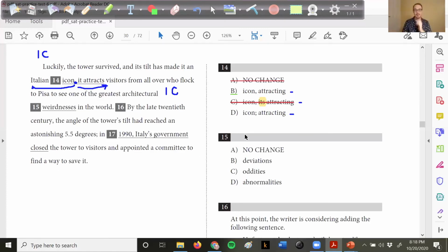So if I have a semicolon, then what follows and what precedes it should be a complete sentence. Here's the issue. We already know from option B that "attracting visitors from all over who flock to Pisa" is not a complete sentence. So that semicolon is brought in to do a job that it was never designed to do. So for that reason, I like B the best.